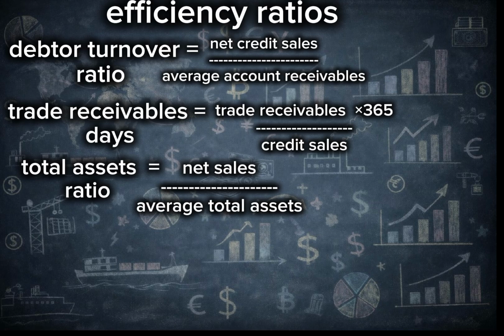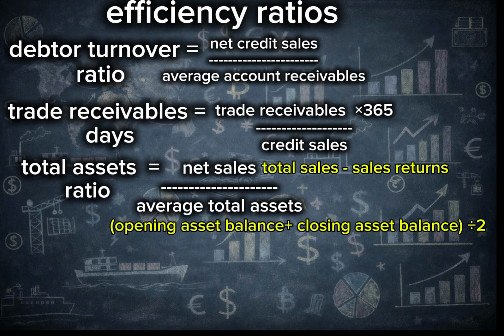And we already know that to get net sales, you remove your sales returns from total sales, if there are any, and that is your net sales. And what is average total assets? With the word average, it simply means we are adding opening total assets at the beginning of the year plus total closing assets at the end of the year and dividing by 2 to get the average.